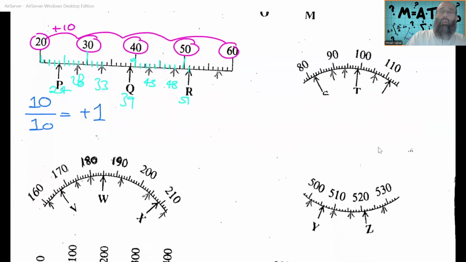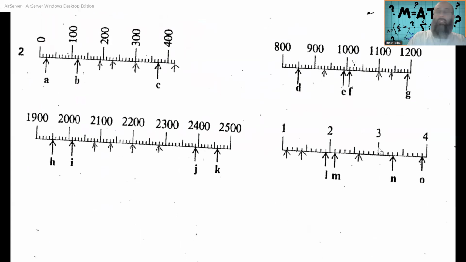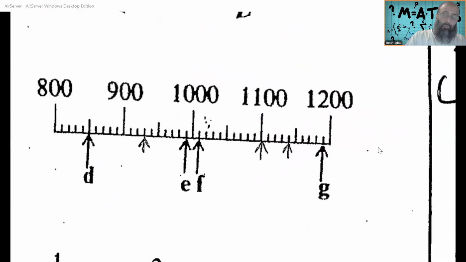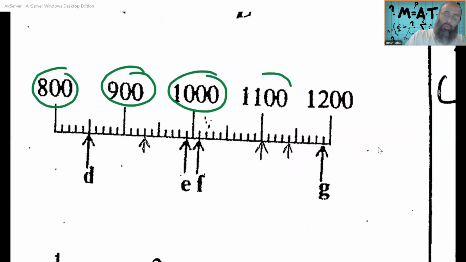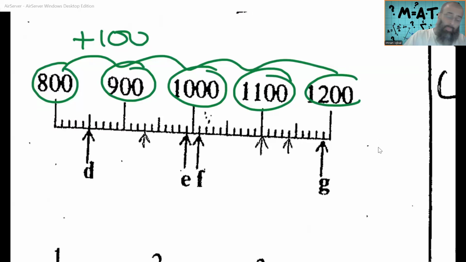Let's move it up a gear to the next question. Again, the question doesn't always start at 0. Let's grab a non-zero one. Let's grab this one. So we're going from 800, 900, 1000, 1100, 1200. The big numbers are going up in hundreds.